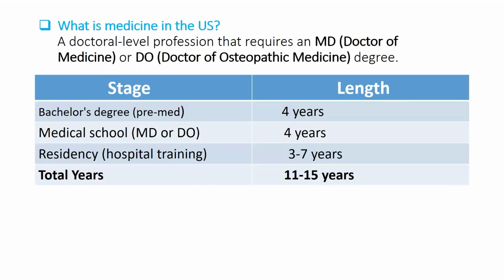So first of all, what is medicine, or how can someone become a licensed medical doctor in the United States? Medicine here is a doctoral-level profession that requires an MD or a DO degree. So what is an MD? An MD is a doctor of medicine.